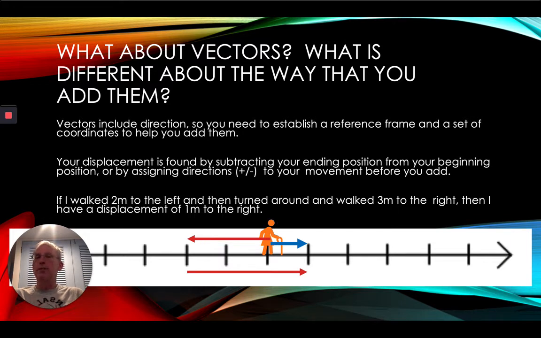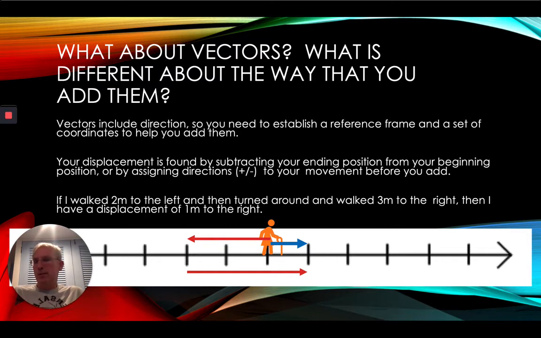So if we did this using some math, and I said, look, I'm right-handed, I make things going to the left negative. So I'm going to move -2, and then I'm going to turn around and move +3. So -2 and +3 gives me a +1, which is 1 meter to the right. Now, since I said +1, I gave you a direction. I said positive, and that is a direction in this class.